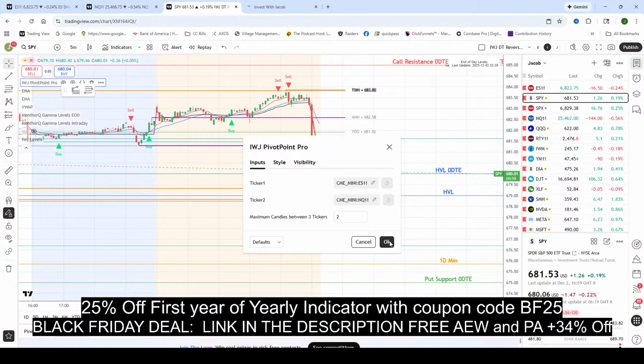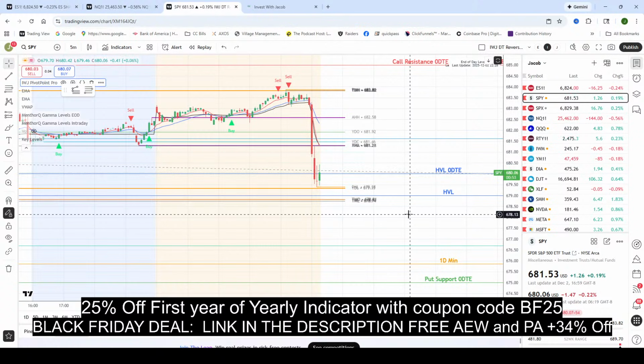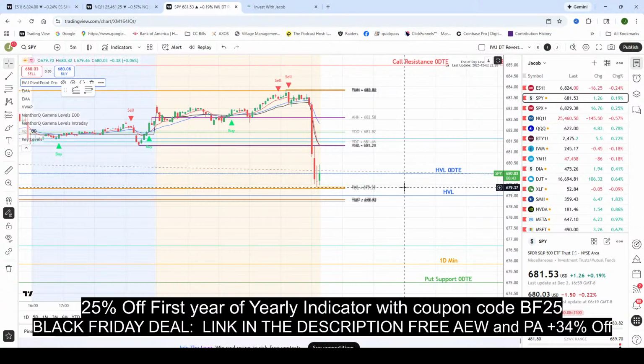Does that mean they're going to work every time? Of course it does not. No indicator is 100%. People need to learn that losing is part of trading, and it's a learning opportunity every time we have a losing trade. I look to see what happened. Was NQ lagging and caught up too late, and ES had already made its move? We've seen that before.